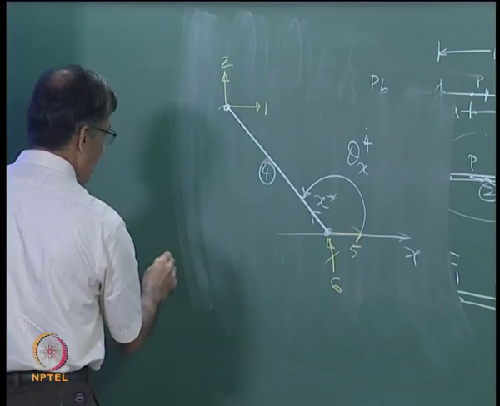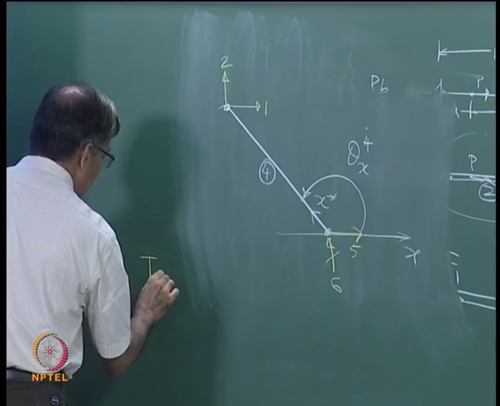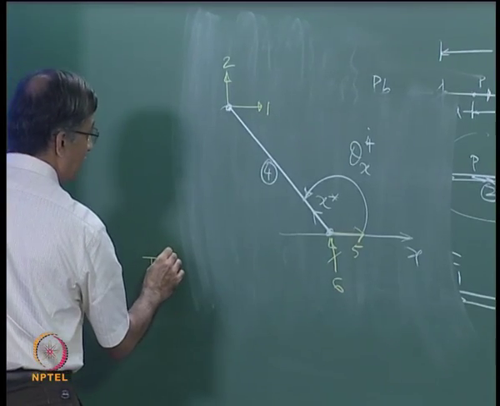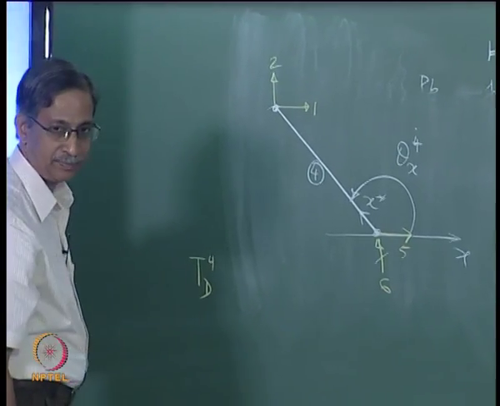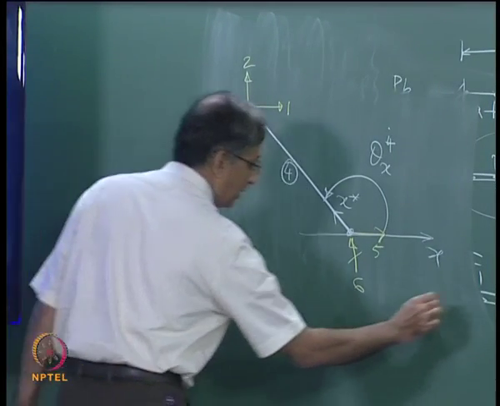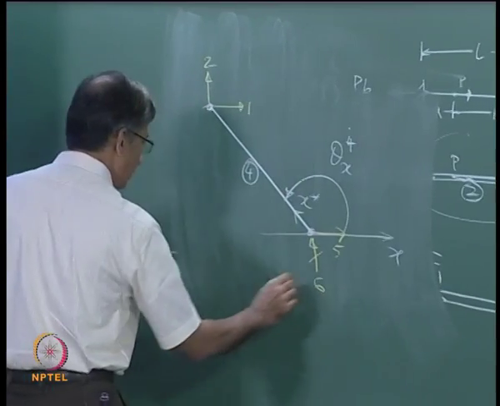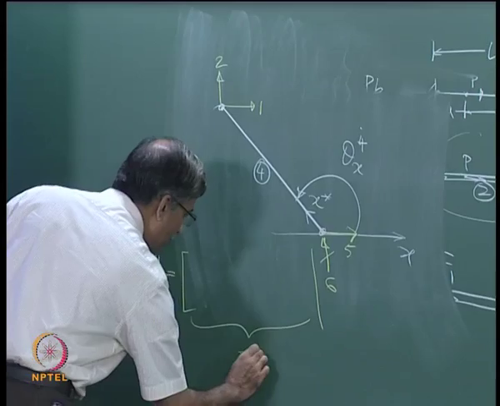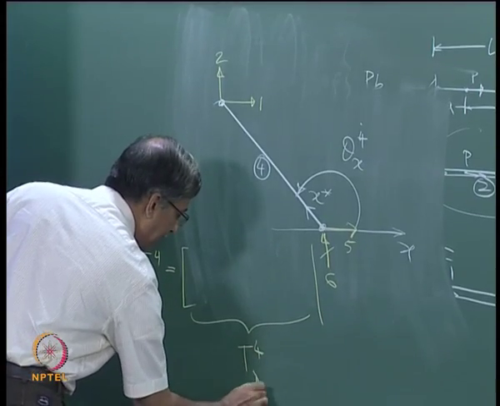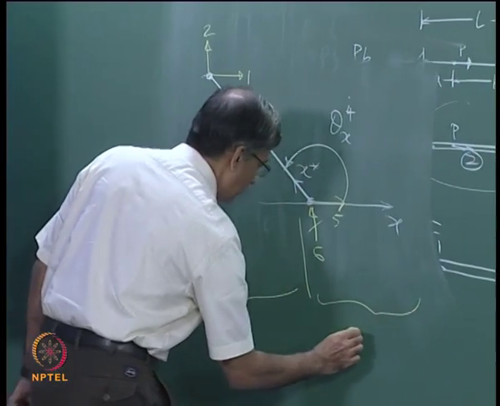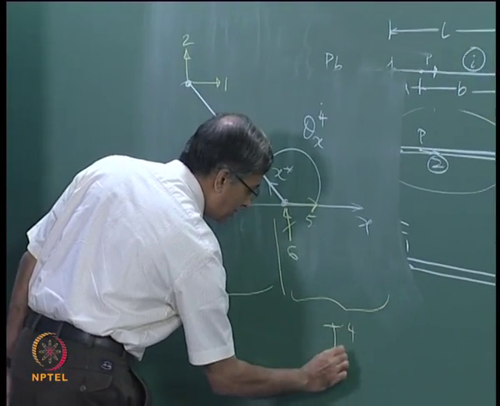So, if I had to write TD for the element 4, I have to fill up a vector like this, of which the first 5 will correspond to T4dA and the next will correspond to T4dr.